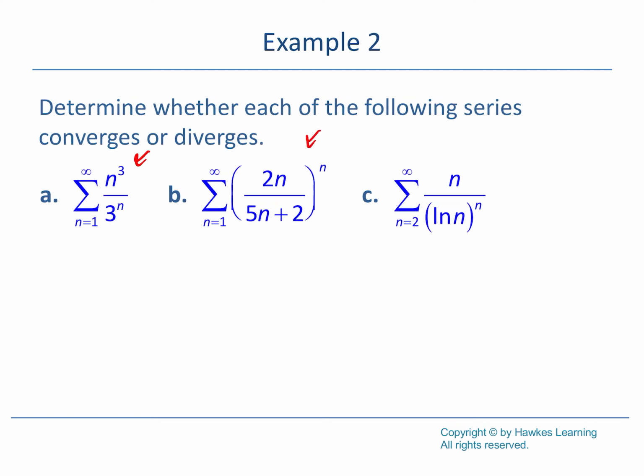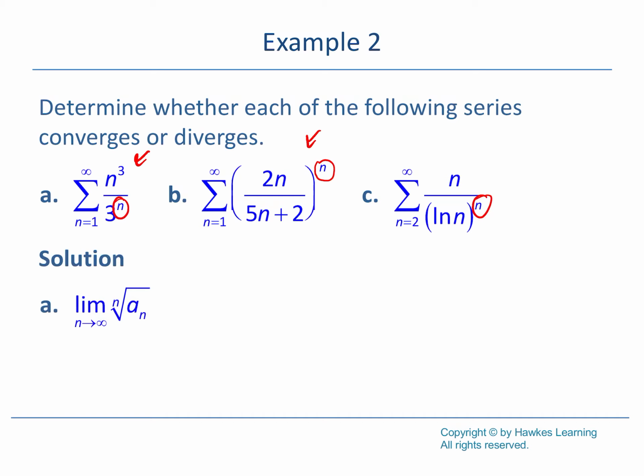You might also be able to use the ratio test on this one, but the root test is going to be nice because we end up taking an nth root here, and we have an n in the exponent. And so those things will cancel out, and it's going to be really straightforward. Again, whenever you see an n in the exponent, think, oh, maybe the root test might be helpful here.